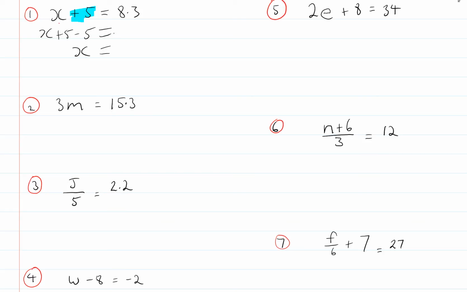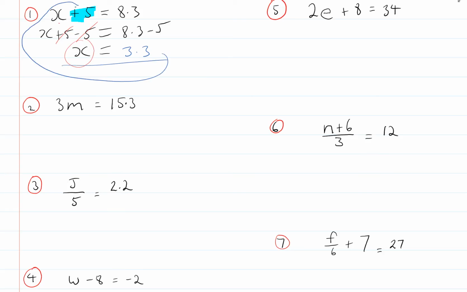To keep it equal, I have to do the same to the other side of the equal sign, 8.3 minus 5. What's happened? That 5 and that 5 are cancelled out, leaving me with just that x, and 8.3 take away 5 is 3.3. I can check that by putting it back in the equation.